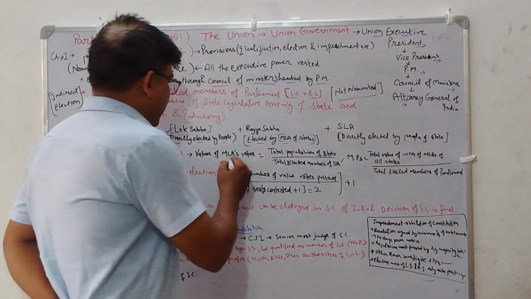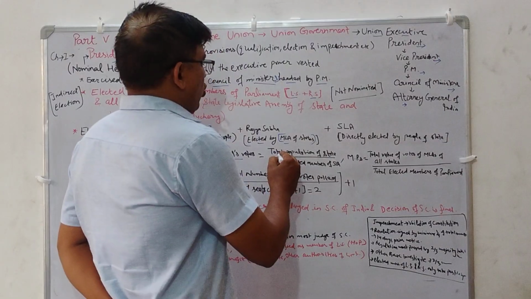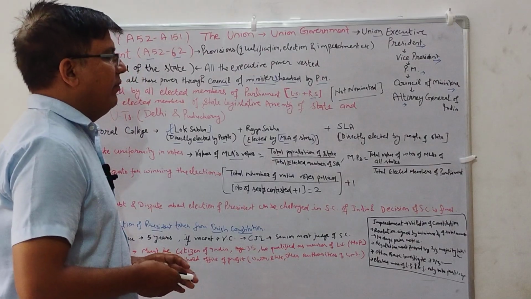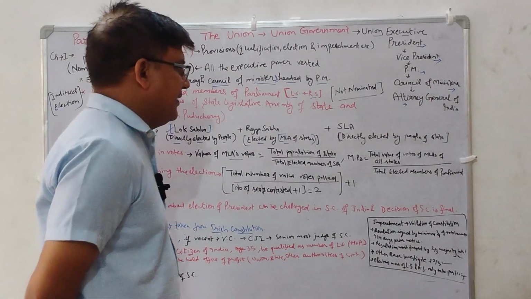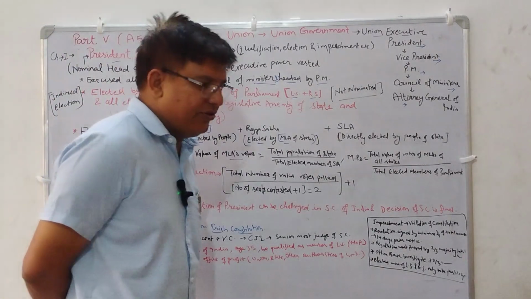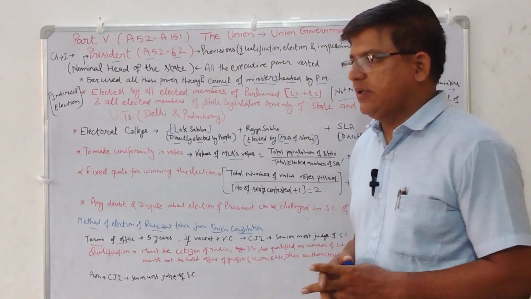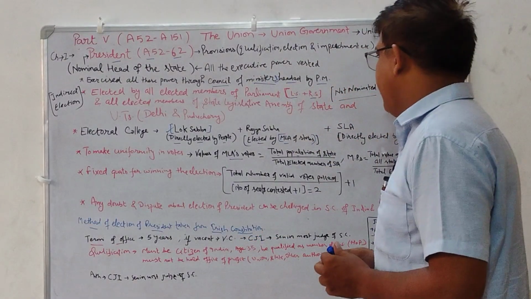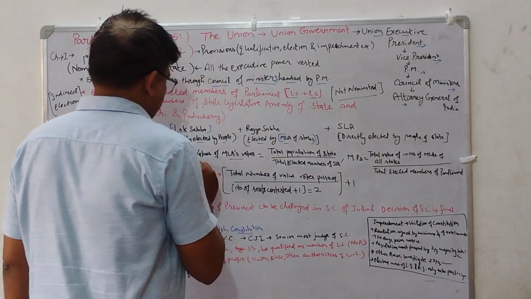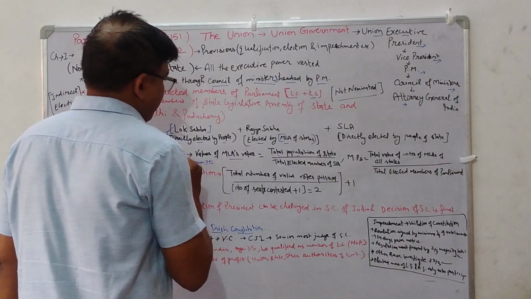The vote value of an MLA is the total population of the state divided by the elected members of the state legislative assembly. Total population of the state means the population according to the last census. In the case of India, till now we are adopting the census of 2011.